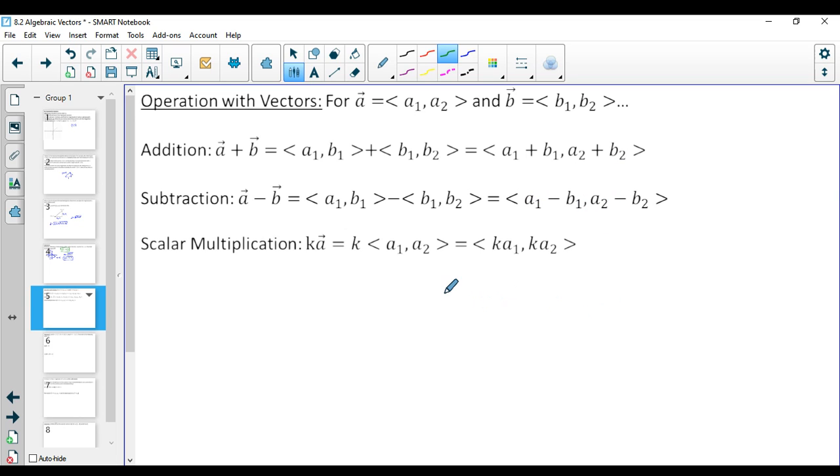Scalar multiplication, where a scalar is just a single number outside, not another vector, means you multiply both components of the vector by that scalar. If you want to write it down, leave some space in your notes so you can go back later in the video and fill them in.